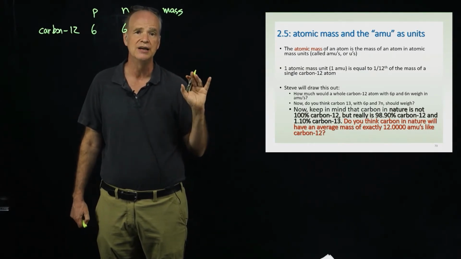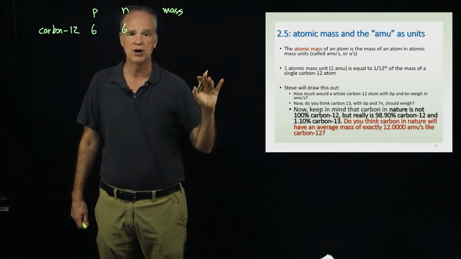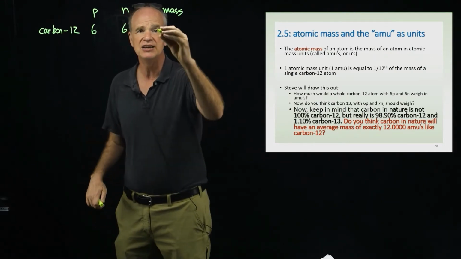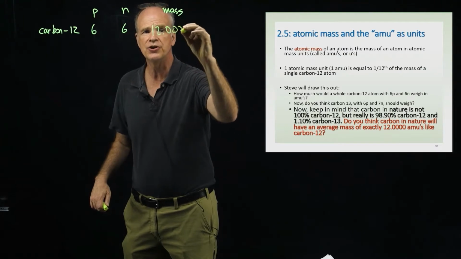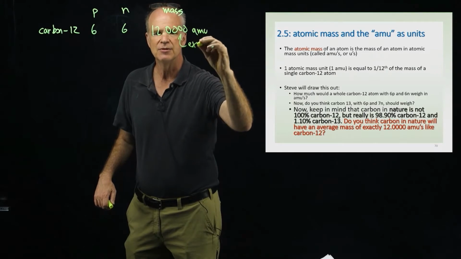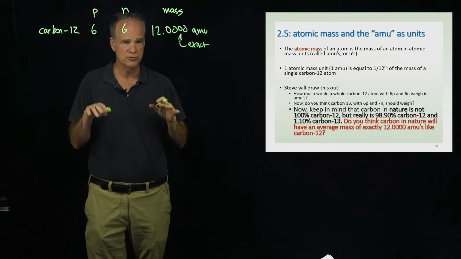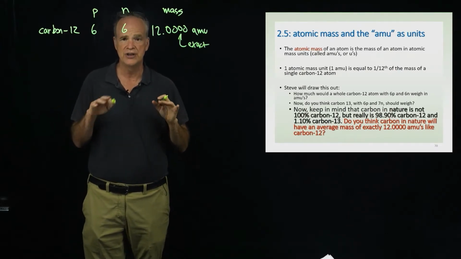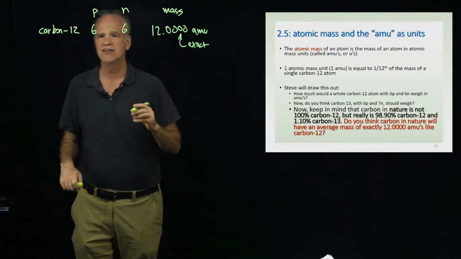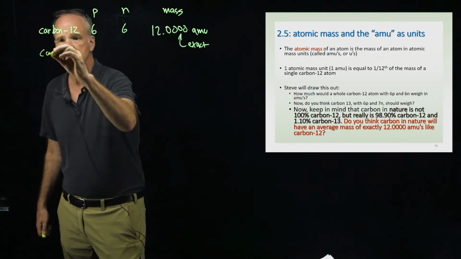Well, you just take that 1/12 of the carbon atom, which weighs 1 AMU, and multiply by 12 to get the whole carbon atom. And so one single carbon-12 atom should have exactly 12.000 atomic mass units. Again, this is an exact number. So remember that the carbon-12 atom has exactly 12.0000 atomic mass units. Now let's talk a little bit about another isotope of carbon, which is carbon-13.